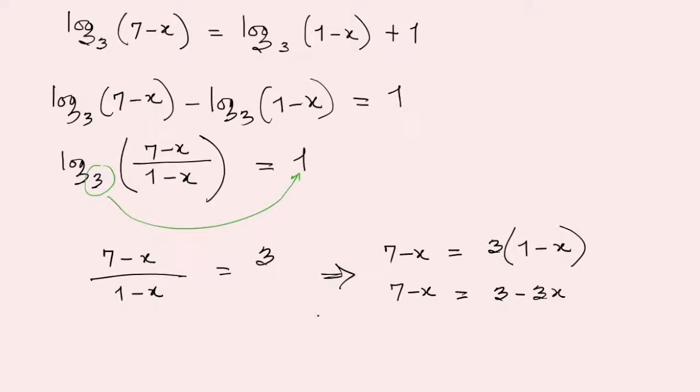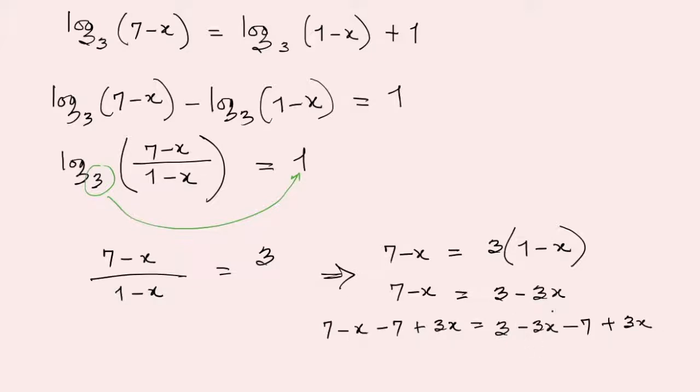If we do that, we'll have 7 minus x minus 7 plus 3x. So we're subtracting 7 from both sides because we want to move all the numbers here. And then we're adding 3x to both sides because we want to move this over here. So that's going to be 3 minus 3x minus 7, because we're subtracting 7 from both sides, plus 3x.